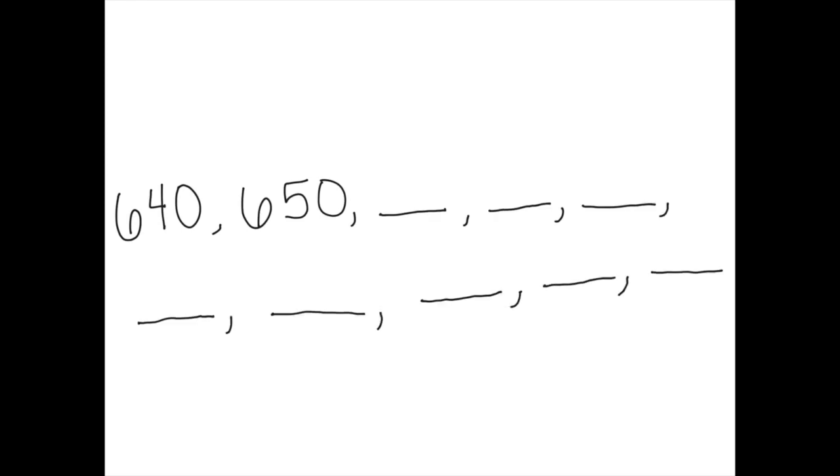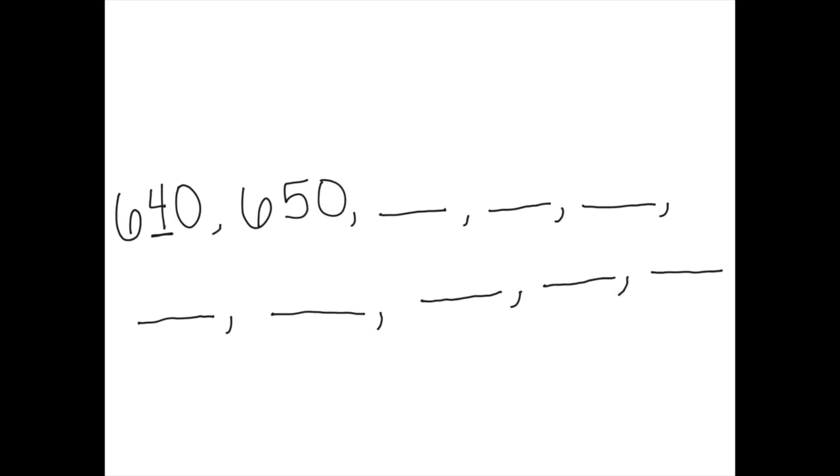Now, we don't always have to draw place value pictures to count by tens, so I'm going to show you a little trick that we can use to finish the rest of this pattern. So I see that I am starting with the number 640. There is a 4 in my tens place. Now that 4 represents 40.